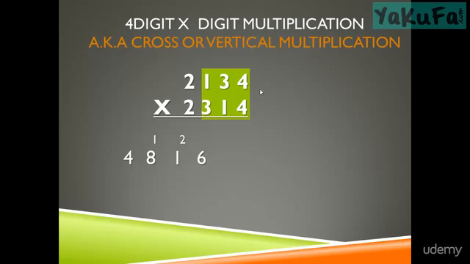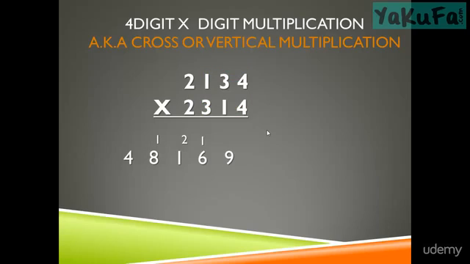So first we can do over here a cross multiplication and a vertical multiplication. So 4 times 1 is 4 and 3 times 4 is 12 and 12 plus 4 is 16, plus 3 times 1 is 3. 16 plus 3 is 19. So one carry and we write 9 below.